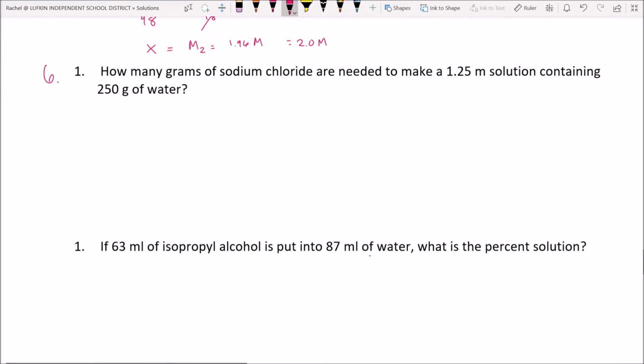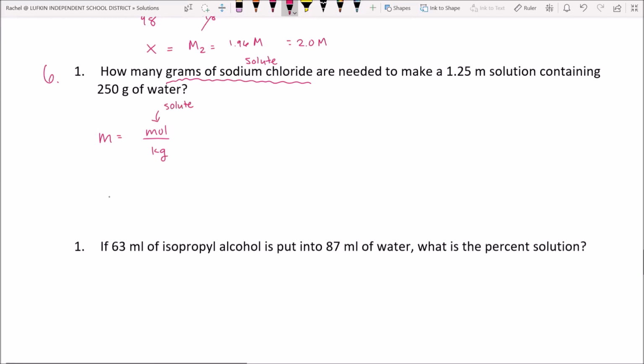How many grams of sodium chloride are needed to make a 1.25 molal or little m solution containing 250 grams of water? So what equation should we use here? Yeah, I see a lowercase m, so it'll be moles per kilogram again, right? And we're solving for grams of sodium chloride. And sodium chloride is the solute. So we're going to be solving for the top part because the top part is where the solute comes from, right?